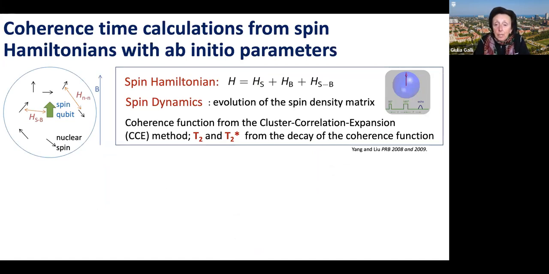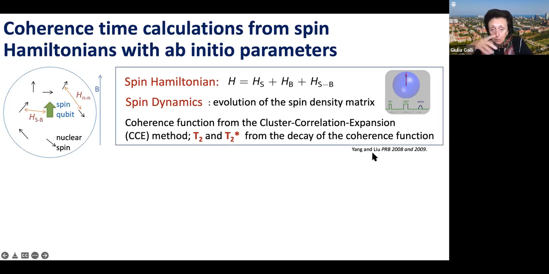And this is a very interesting problem also from the computational standpoint. And we use spin Hamiltonians to do spin dynamics of the spin qubit. And all the parameters of that Hamiltonian, which by the way contains a magnetic field, B, are computed again from DFT. And we built on the work of Yang and Liu.